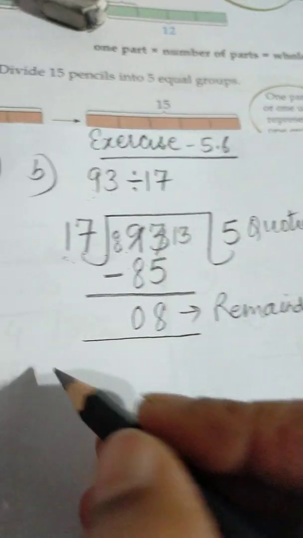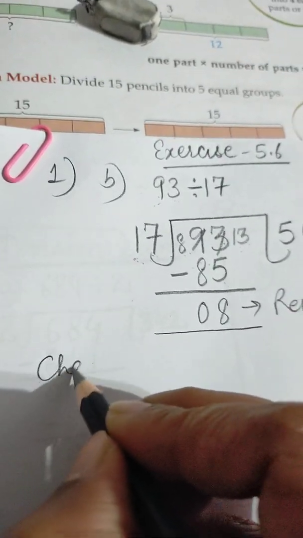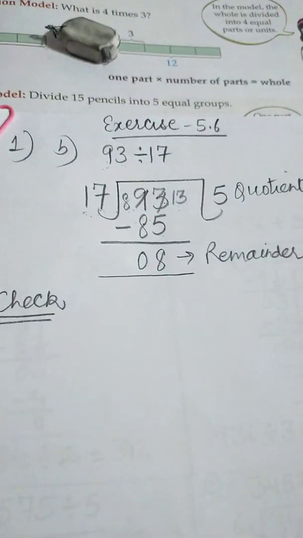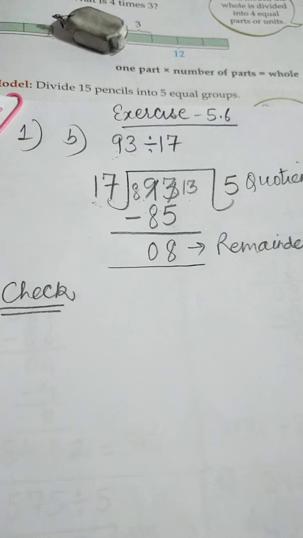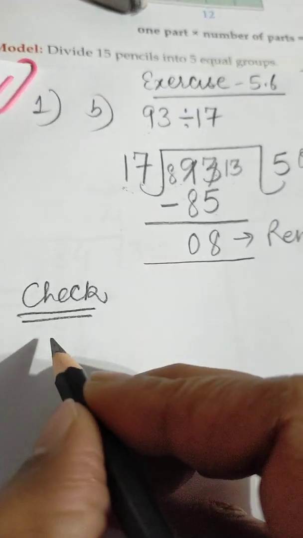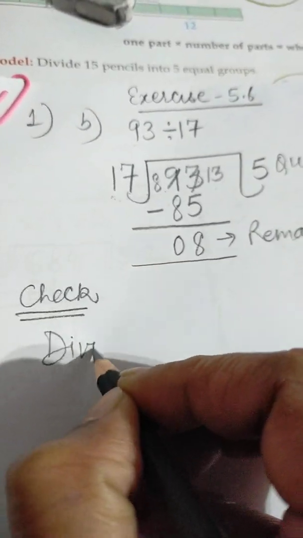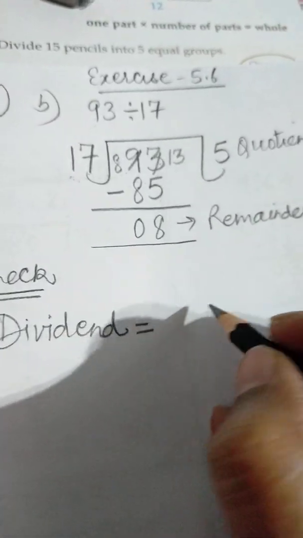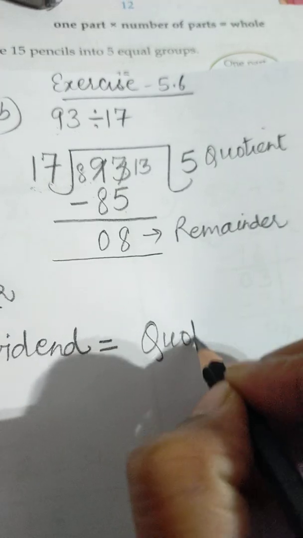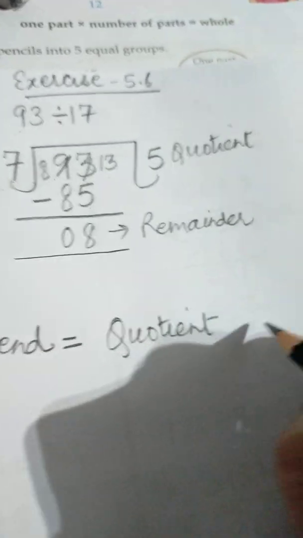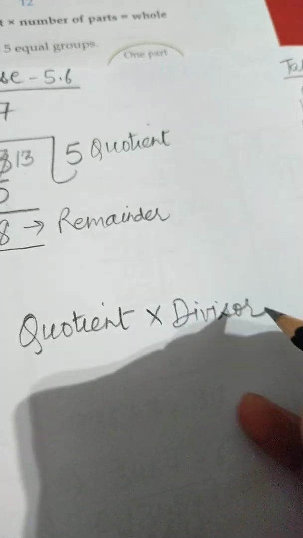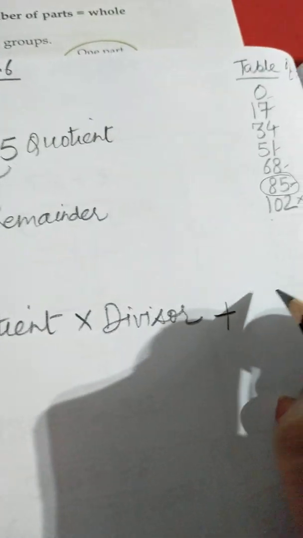Now we have to check the answer. How to check the answer? One thing you have to keep in mind: dividend is equal to quotient multiply divisor plus remainder.